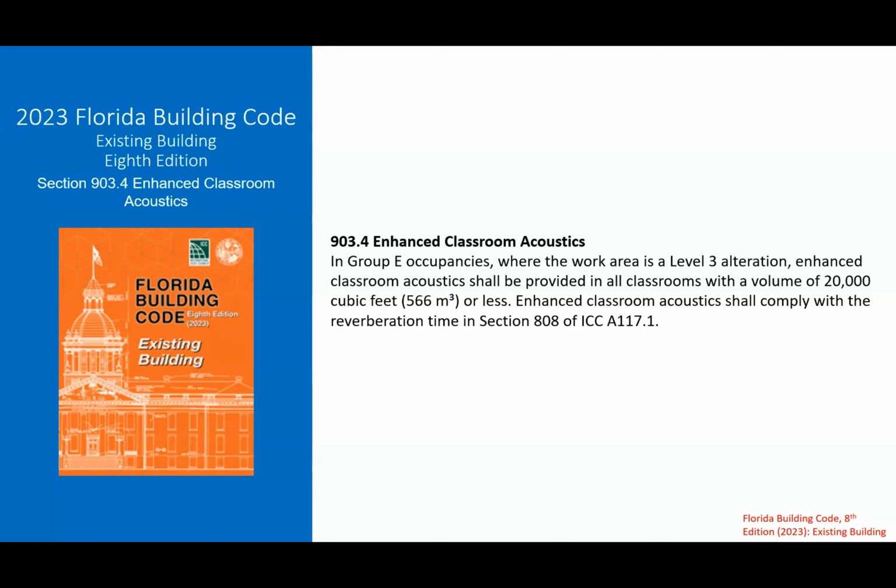We've seen this interpreted a couple different ways, whether it's a strict interpretation that it only has to meet the reverberation time, or that it has to meet the entire enhanced classroom acoustics requirements. So just something to be aware of if you're doing renovations, that there is still acoustic criteria that should be addressed.